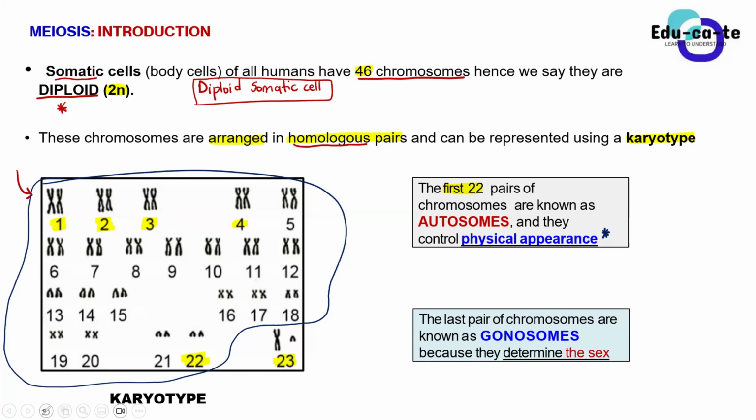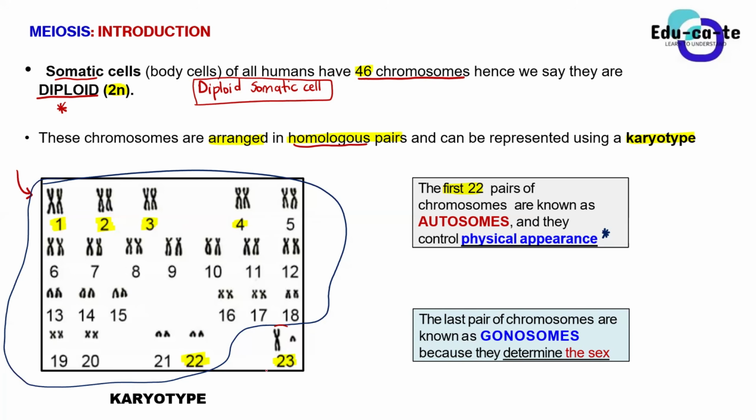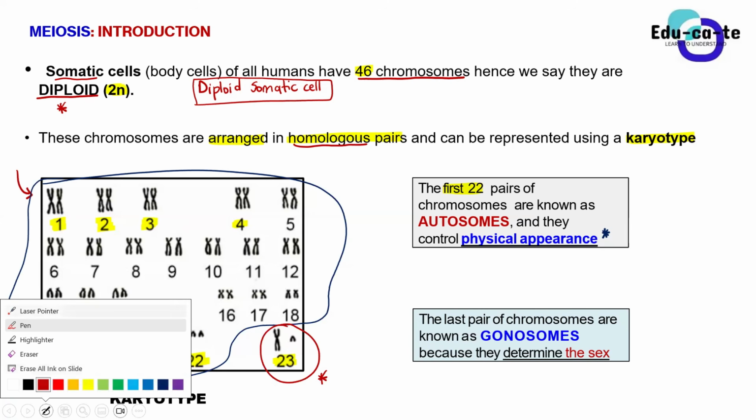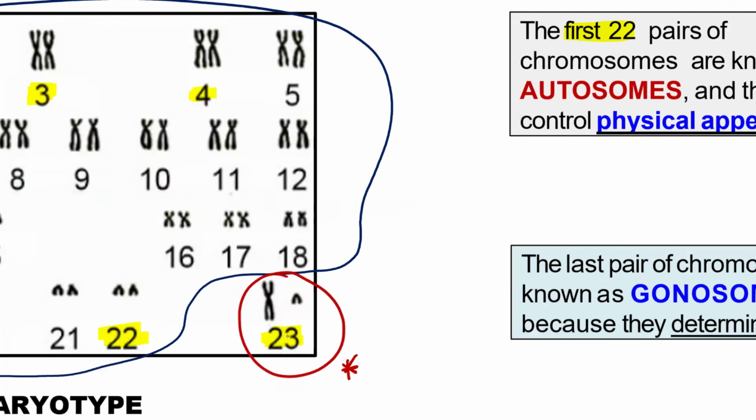Now, what about the last pair, the 23rd pair, which is pair number 23 here? Pair number 23 is known as the gonosomes. The chromosomes that you are finding here on pair 23, these two, can you see, guys, this longer one and this shorter one? Let me just zoom in one more time so that you can see properly.